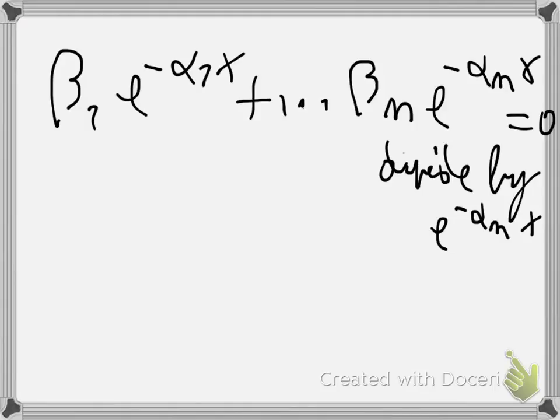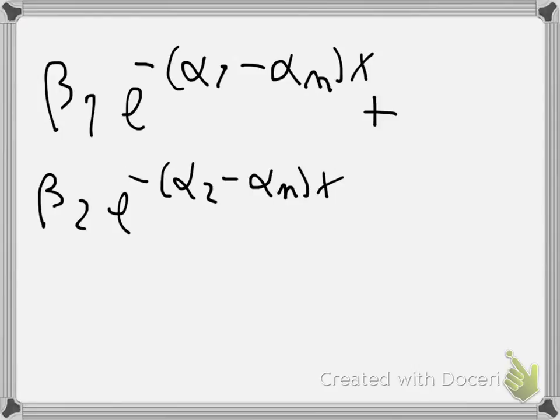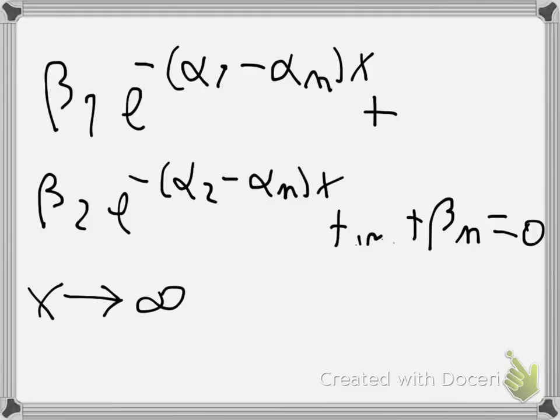Okay, so we will get beta 1 times e to the negative alpha 1 minus alpha n times x plus beta 2 e to the negative alpha 2 minus alpha n times x plus, and so on, plus beta n equals 0. Now, what happens when x tends toward infinity?